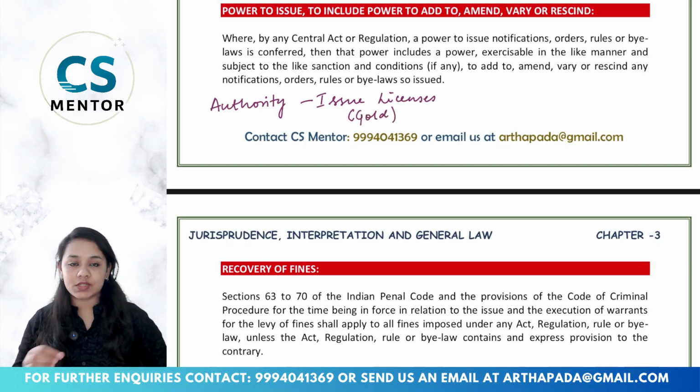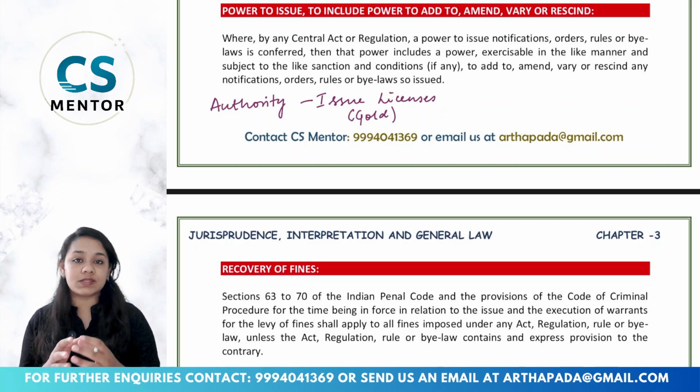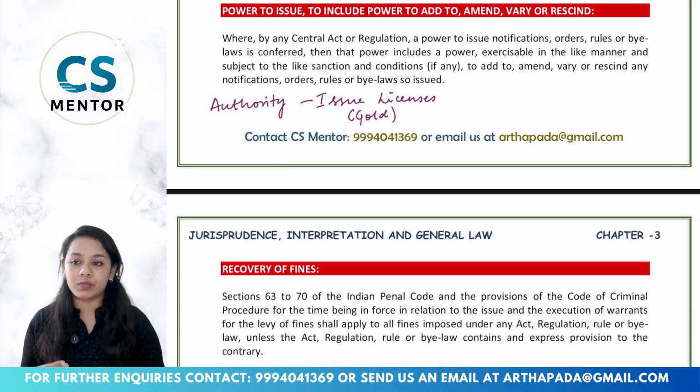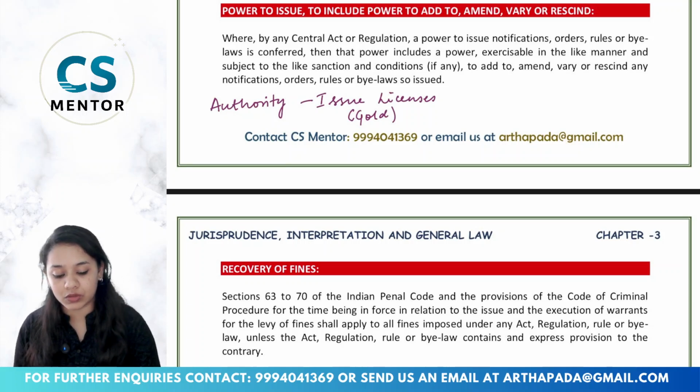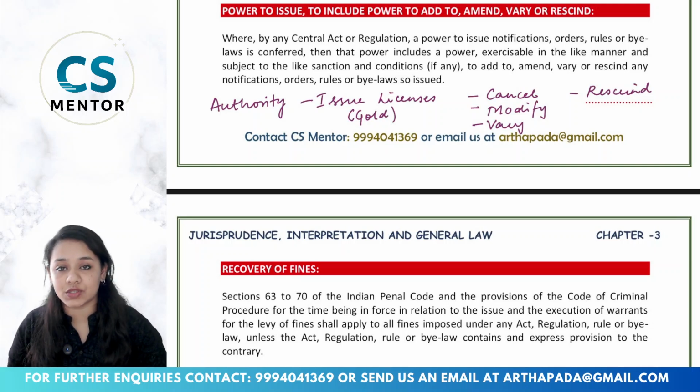Just because this authority has been given the power to issue licenses, we cannot say that he has the power only to issue licenses. We have to presume that he also has the power to cancel, to modify, to vary, or rescind anything related to these licenses too.